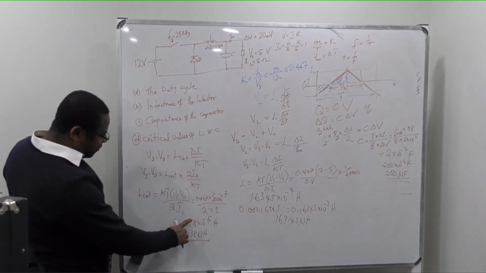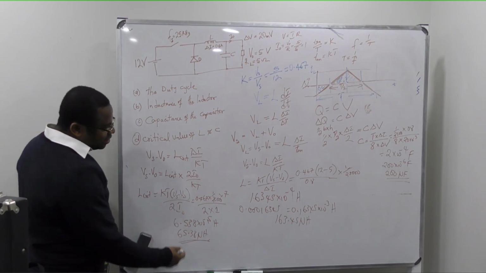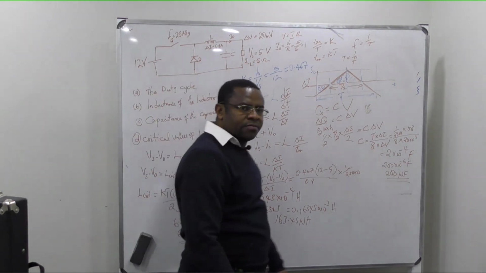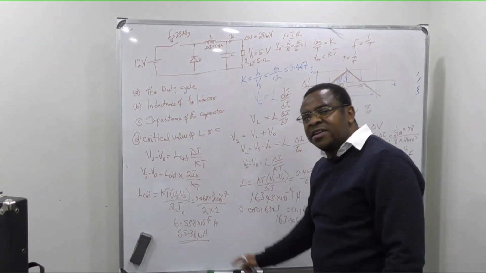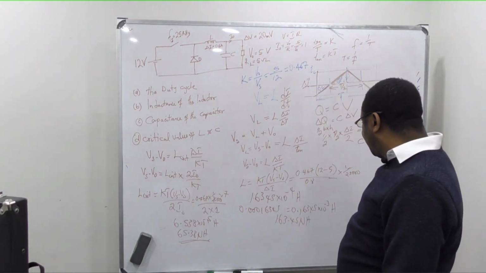That is 65.38 times 10 to the power minus 6. Did you get that? So that's our critical value of the inductance.